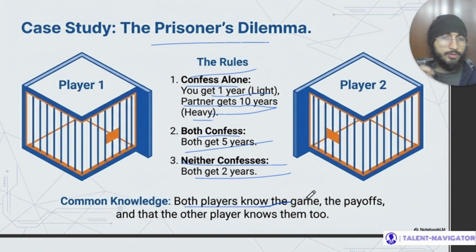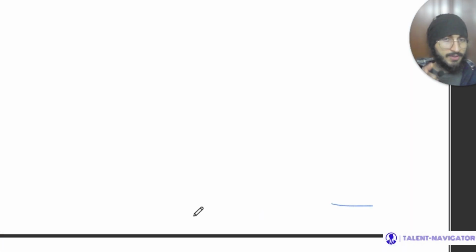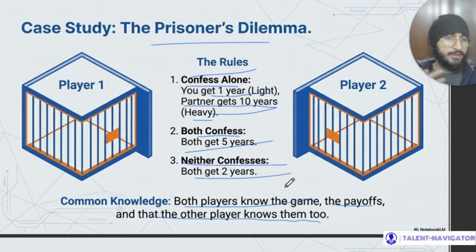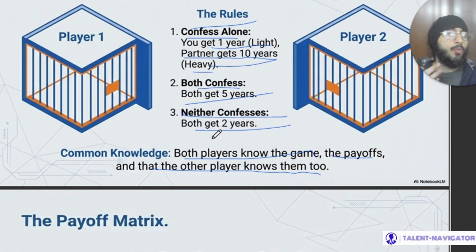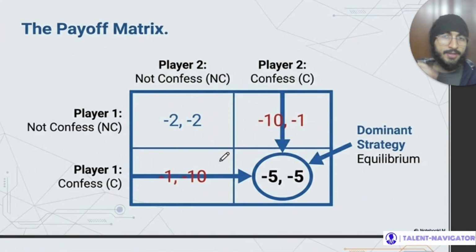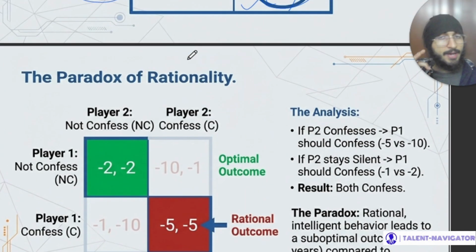Common knowledge is that both players know this game, their payoffs, and that the other player knows the rules as well. But they do not know whether the other person has confessed or not. That is the main dilemma in the prisoner's dilemma problem. The payoff matrix we have discussed already. If both players confess, they get 5 years each. That is the dominant strategy equilibrium. Now the paradox of rationality.